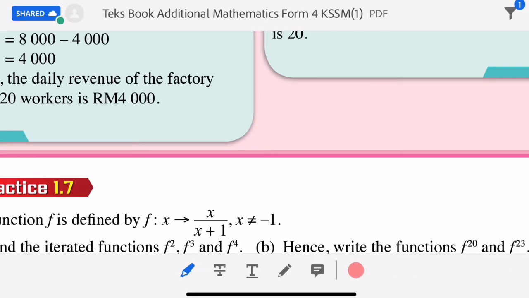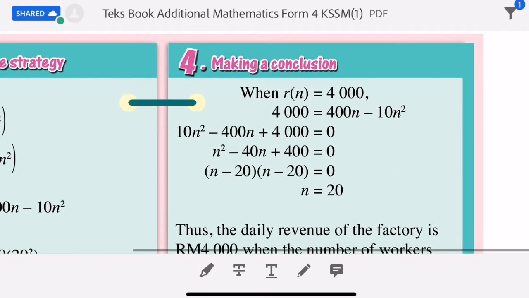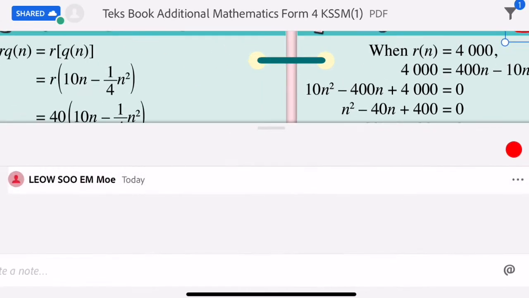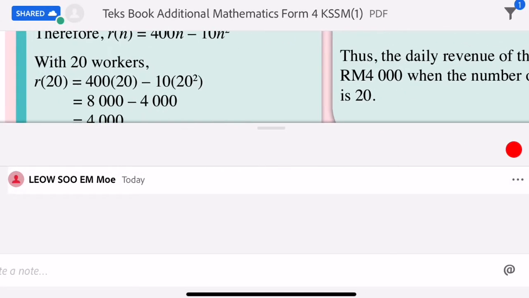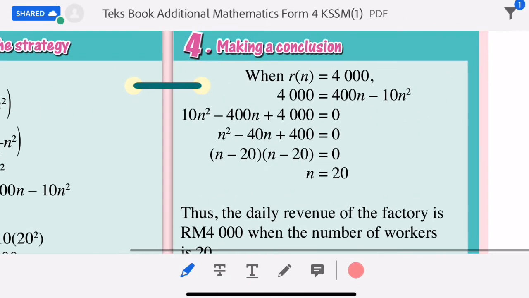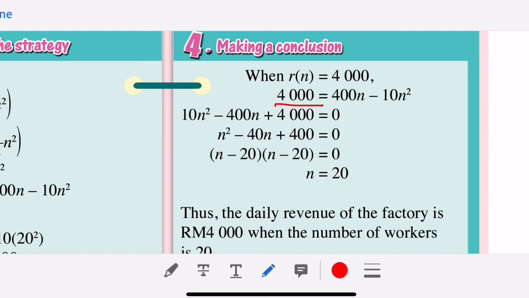Now let's see making a conclusion, C. Sometimes we say checking. So U is understanding, P is planning the strategy, I is implementing, and finally you have to check. Let's say you already got the answer 4,000, you substitute into the function just now, and you set it equal to 4,000, it becomes an equation.